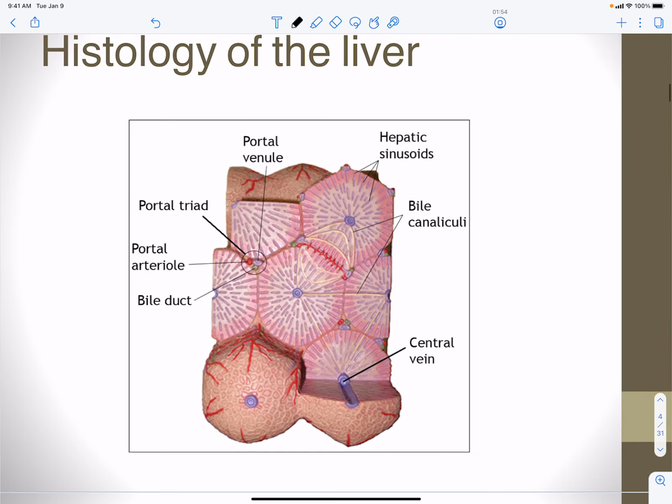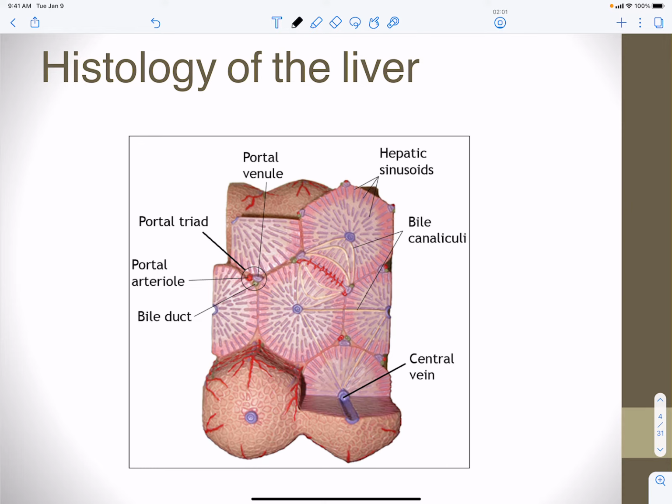So the liver histologically you already have seen, and it's going to be positioned between the circulation system and the GI tract. And the GI tract, of course, is where it will filter what comes in.